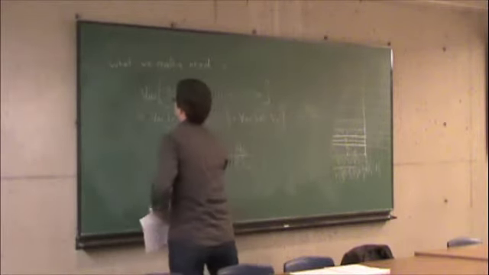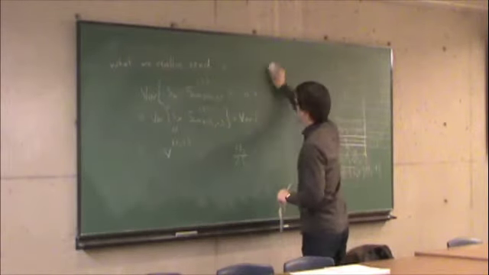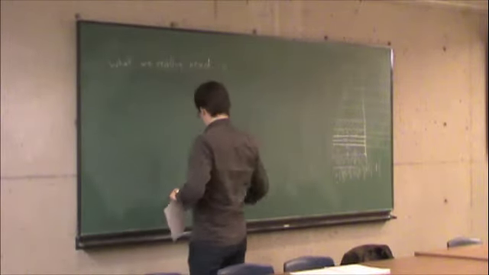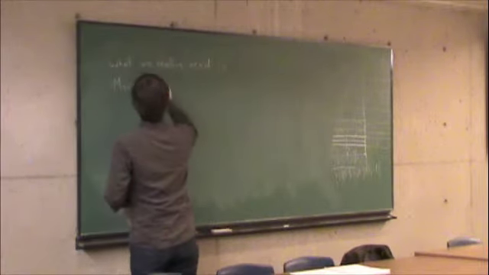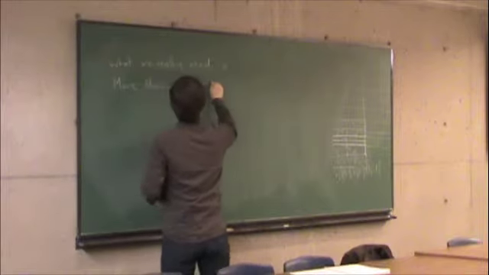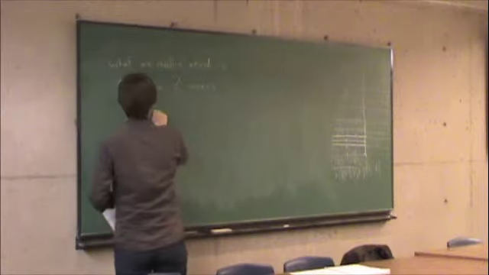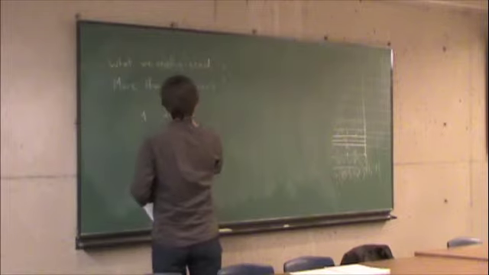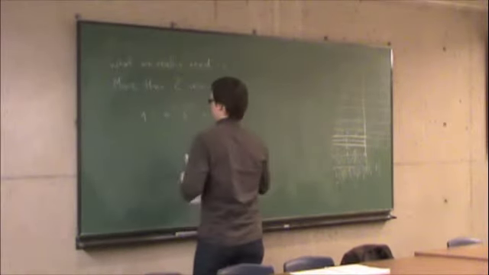Now, another thing to think about is, what if we have more than 2 users? If we have more than 2 users, then what do we have? My signal looks like this: alpha 1, S1. Again, I'm synchronized to user 1, and then every other user is offset.